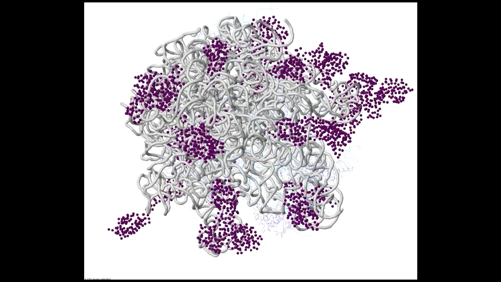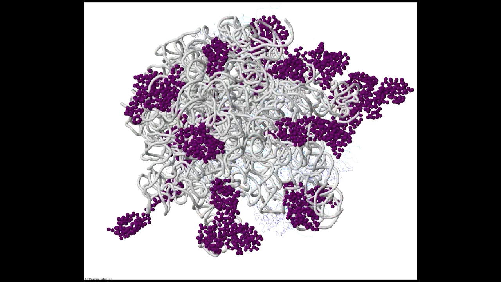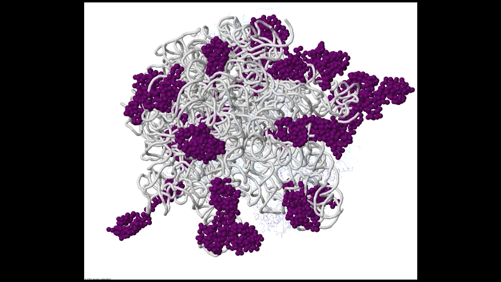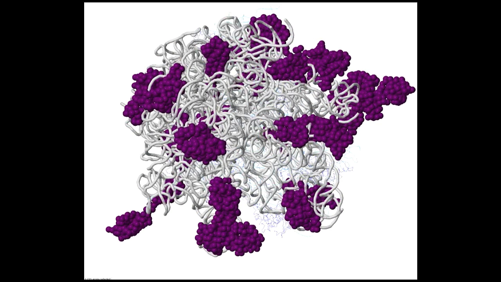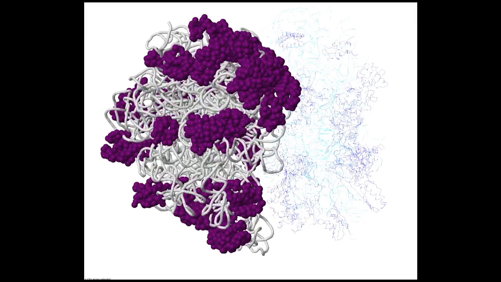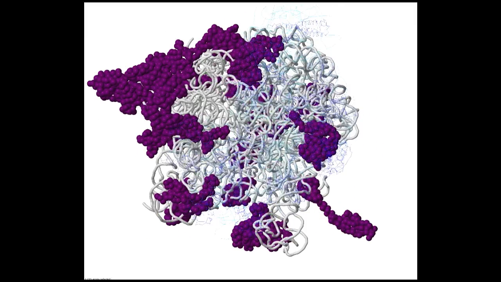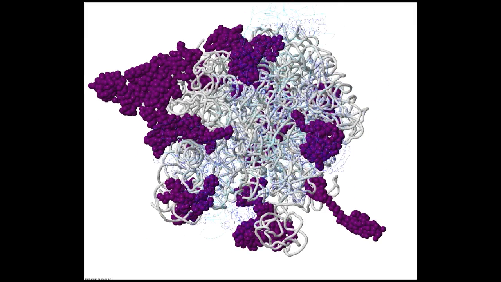And as for the small subunit, you can see that the proteins shown in dark purple are really primarily at the periphery of the large subunit. The core of the large subunit, the heart of the subunit, is really composed of the RNA components of the large subunit.